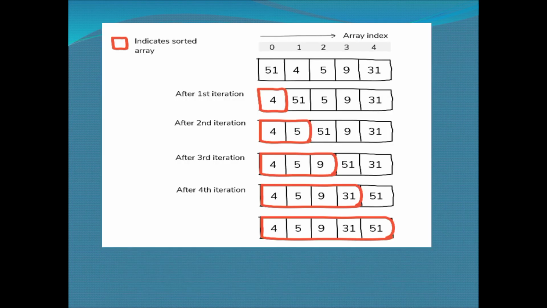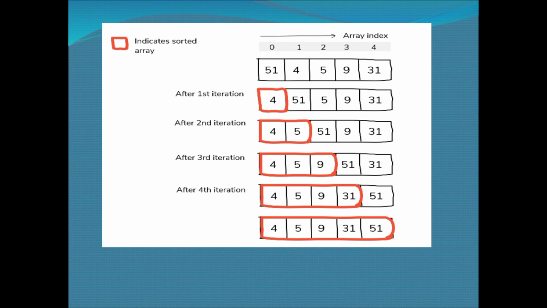See, this is another example for your selection sort technique. Here I have considered an array of 5 elements, and my index, as you know, starts with 0 and ends with n minus 1, that is starts with 0 and ends with 4.